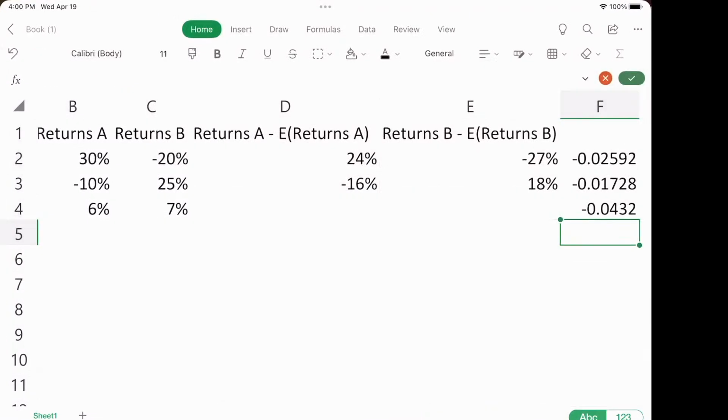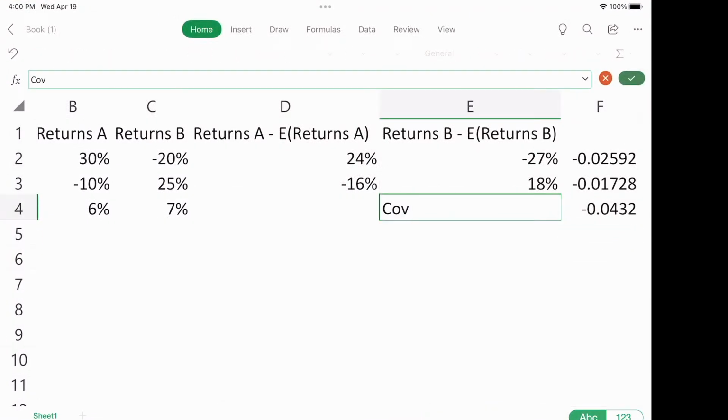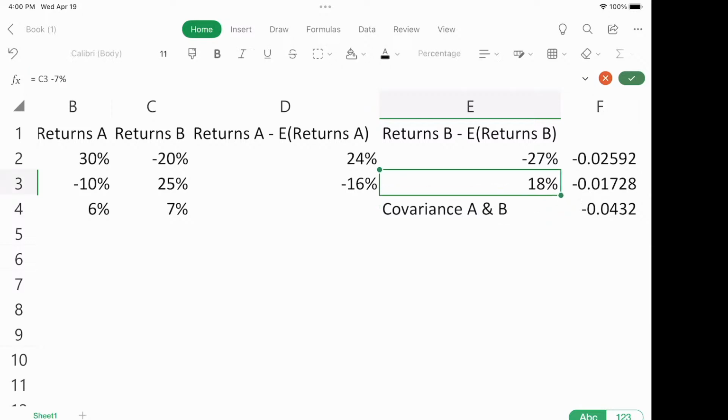So back to Excel. That number is called the covariance. I can't write my nice notation here, but it's sigma AB. And what did I do?